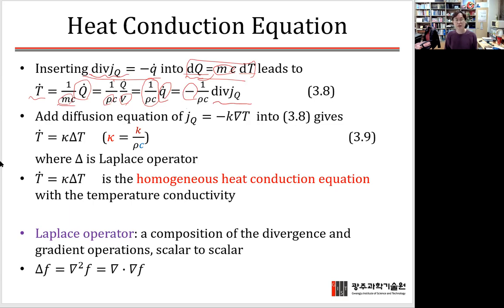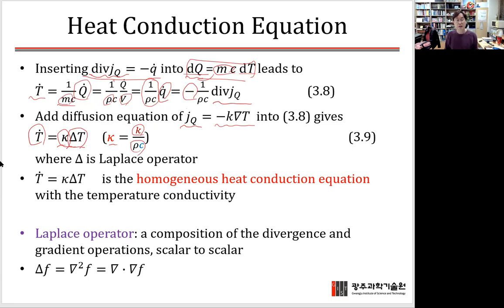And also the diffusion equation of J_Q is minus k del T. Putting this into this equation, T dot is shown as kappa delta T, because kappa is k over rho and c.